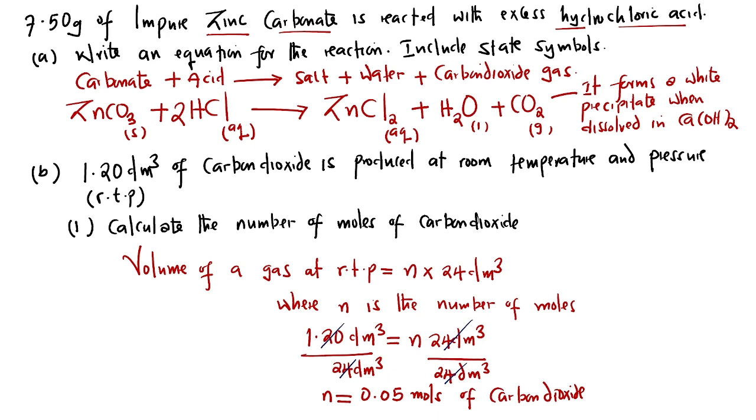This basically tells us that when the number of moles for zinc carbonate is 1, the number of moles for carbon dioxide is also 1. Now, knowing fully well that the number of moles for carbon dioxide is 0.05, that tells us that the number of moles for zinc carbonate is also 0.05.